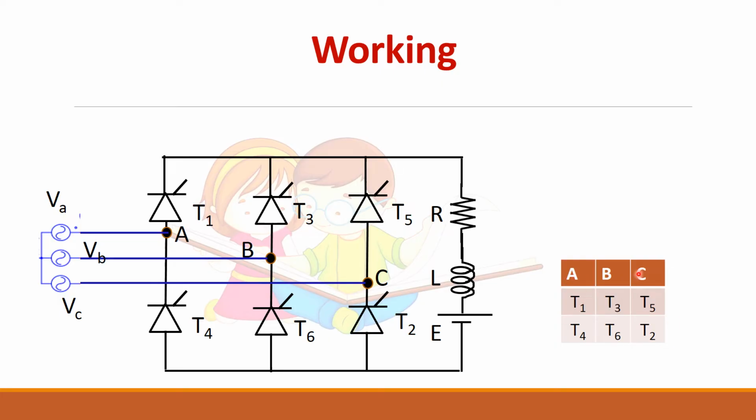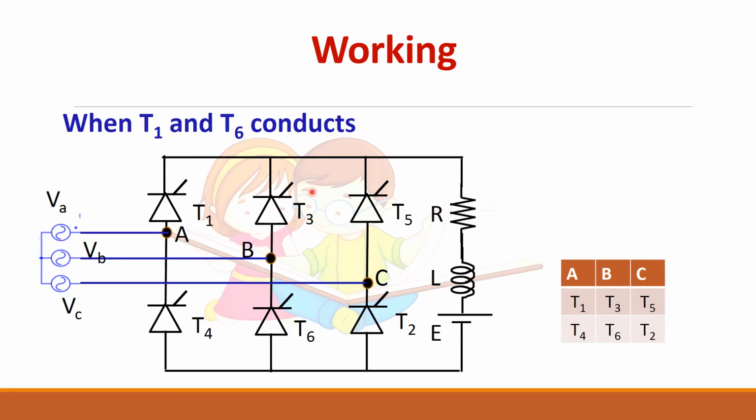Write ABC which represents the three phases A, B and C, and write the devices. Upper devices will be in odd numbers 1, 3 and 5, and at the bottom you have 4, 6 and 2. So this represents the circuit diagram.